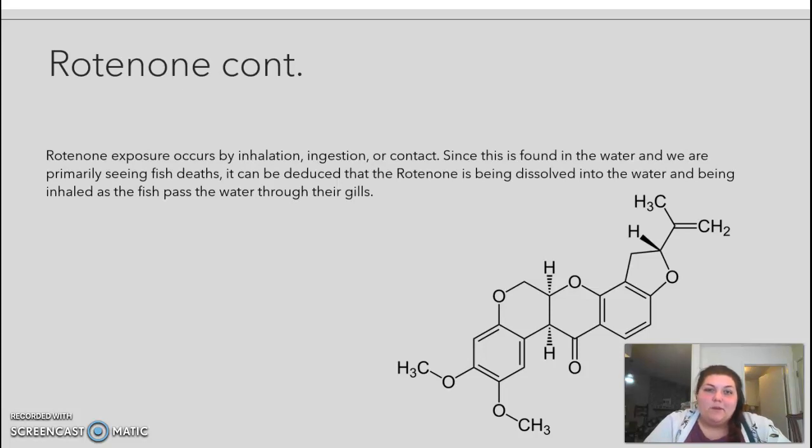But primarily we're seeing fish deaths, which makes sense because the rotenone is dissolved within the water and it's being passed through the fish's gills, and obviously the fish is not able to process the oxygen that's being pulled in, and they're dying because of it.